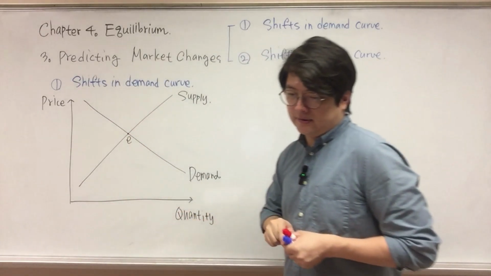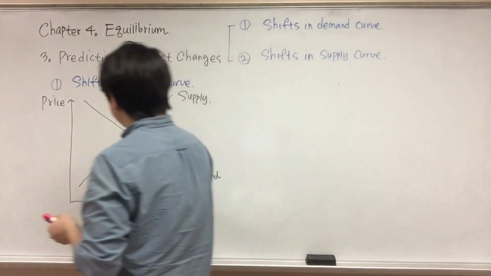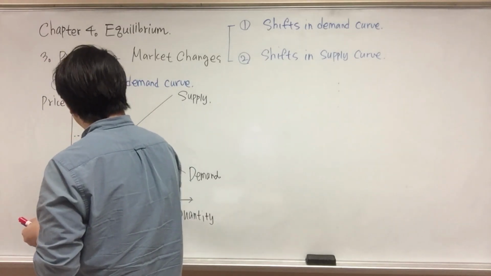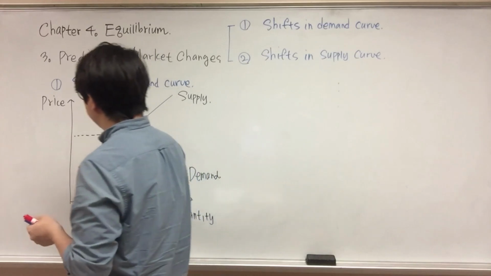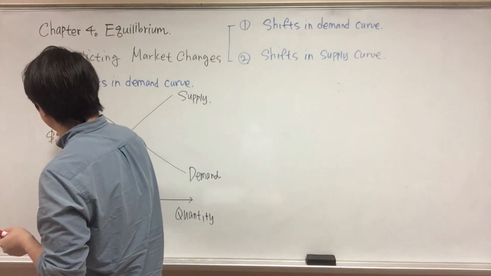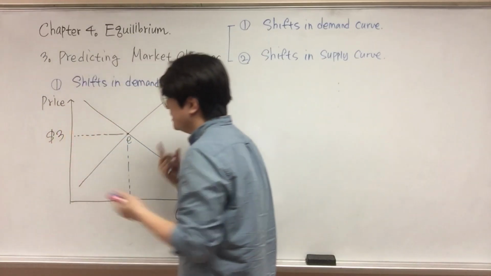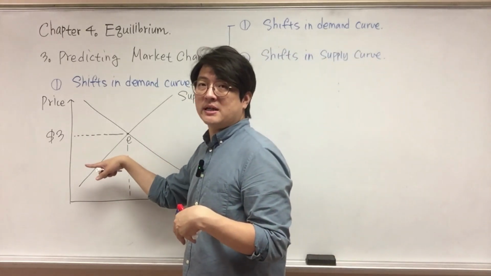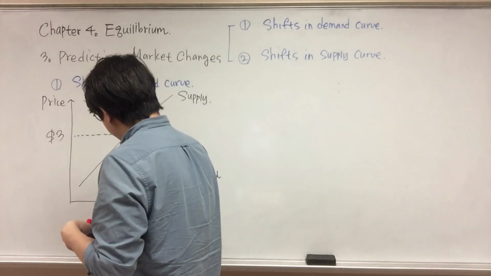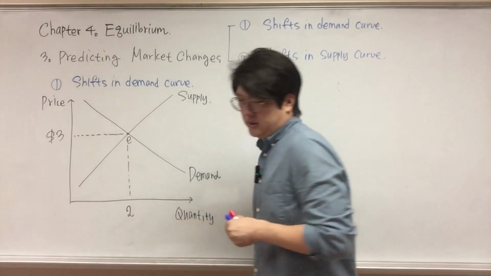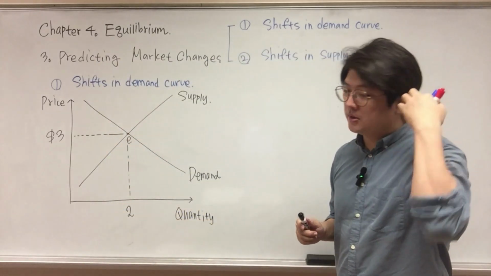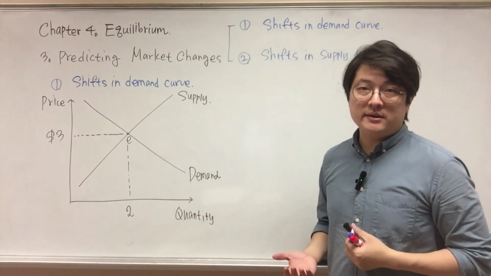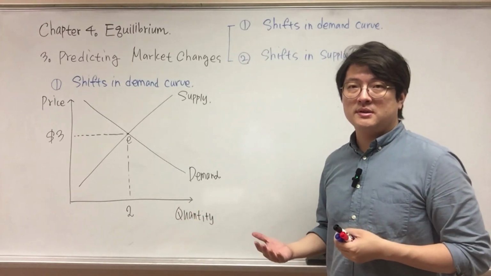As you know, at the equilibrium point we have the market price. So if we think about the market for gas, we have $3 as a market price, and 2 is the market quantity, right?